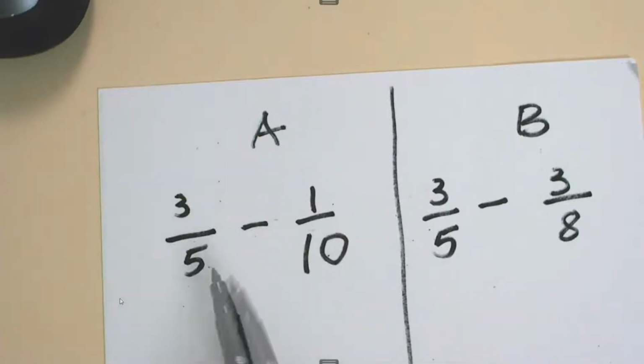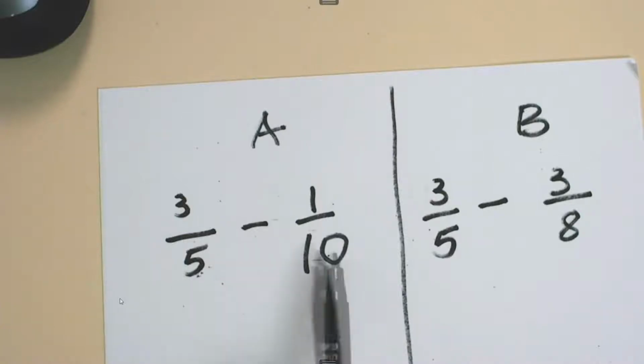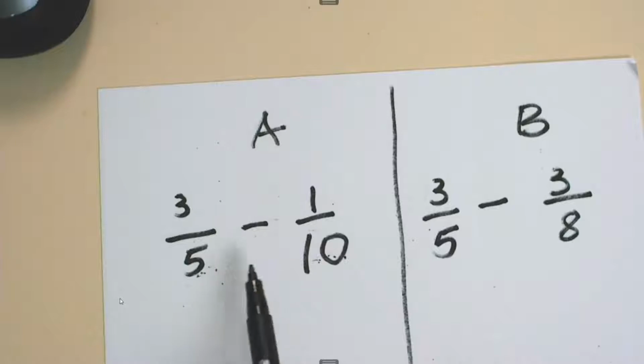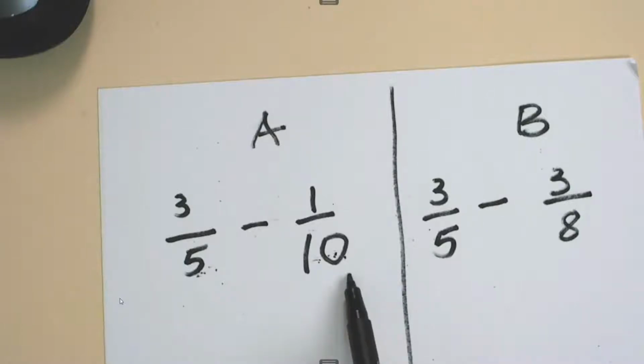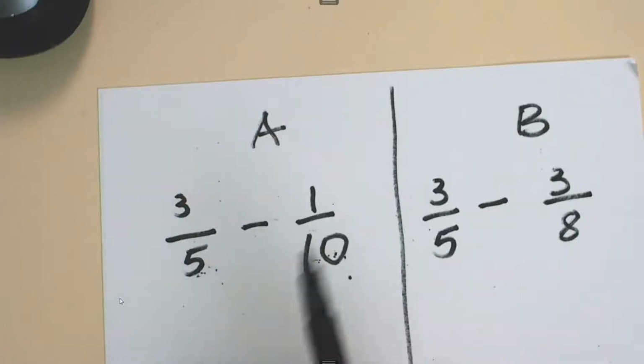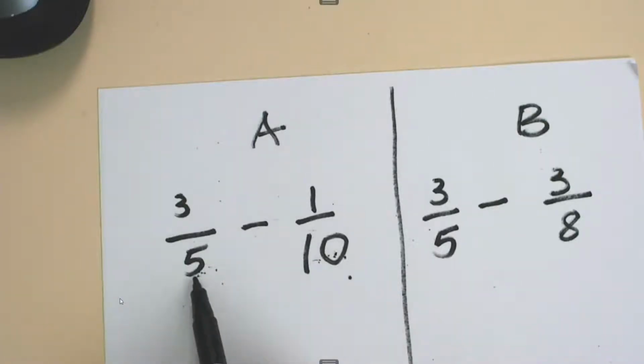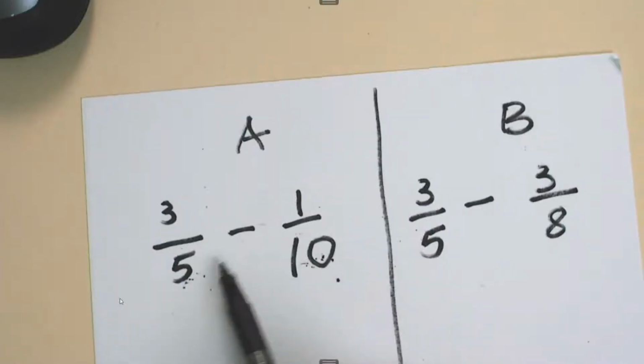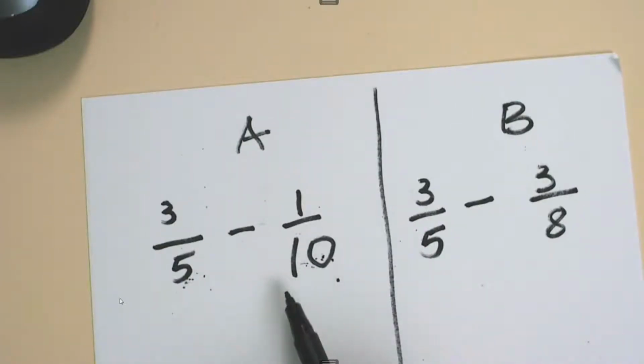When you check the two denominators, we can see that one of the denominators is a multiple of the other. Meaning, between 5 and 10, one of them is a multiple of the other.